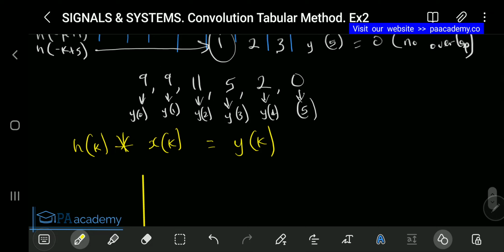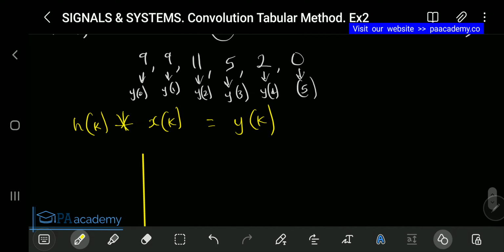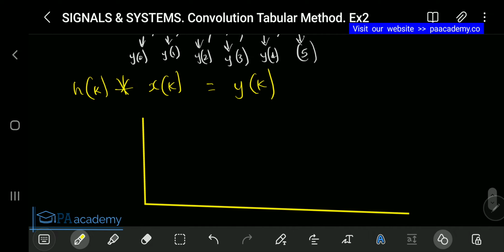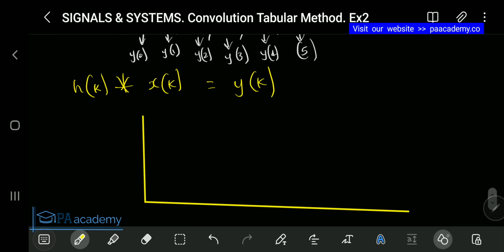Okay, the maximum amplitude is 11. So let's do something like this: 2, 4, 6, 8, 10, 12. Exactly.